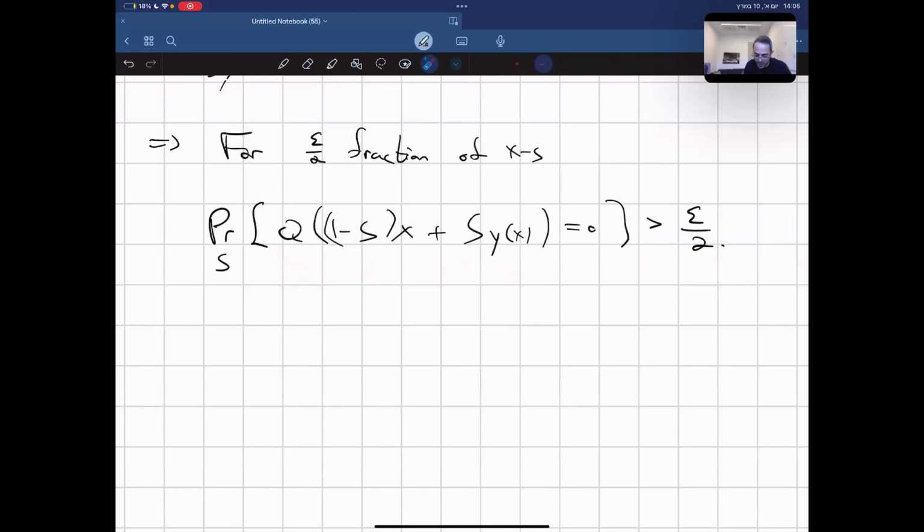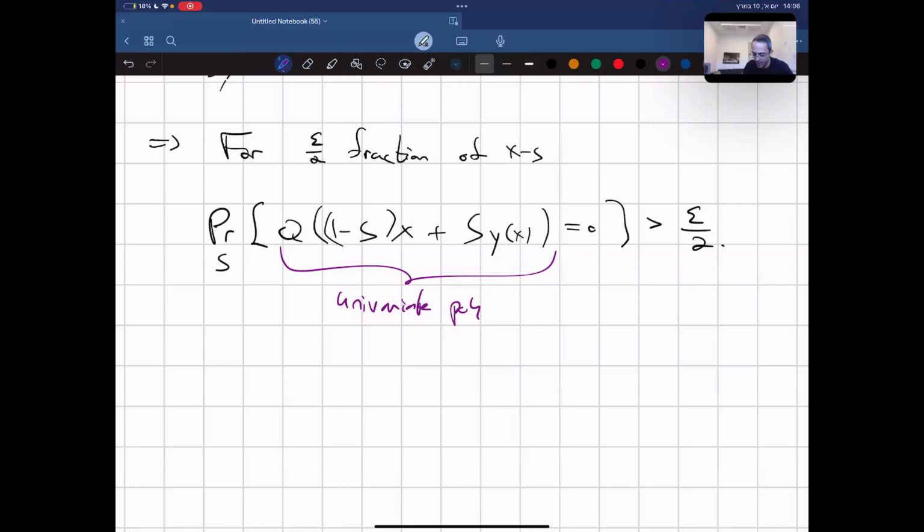Q is a multivariate polynomial, but what you do is you restrict it to a line, right? x and y of x are fixed, so this is a line. So this becomes a univariate polynomial. All the way here, this is a univariate polynomial.